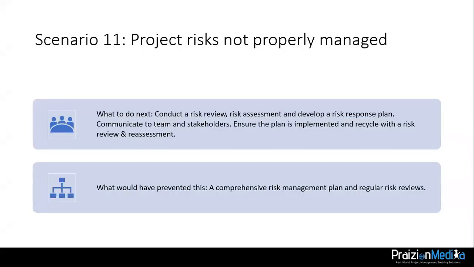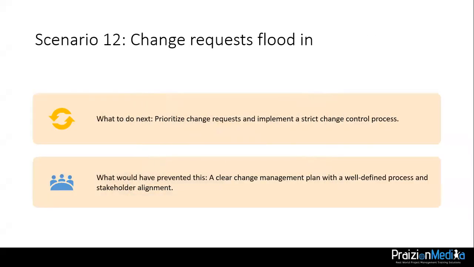Our next scenario is scenario 12, and it reads, change requests flood in. What should you do next? Well, you should prioritize change requests and you should implement a strict change control process if you haven't already done that. So how do you prioritize change requests?